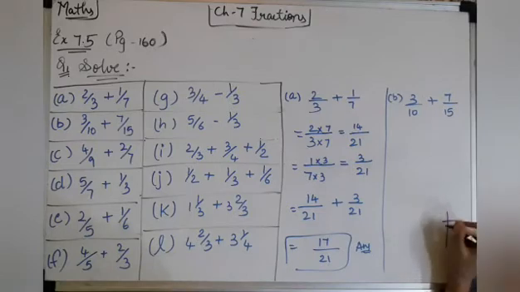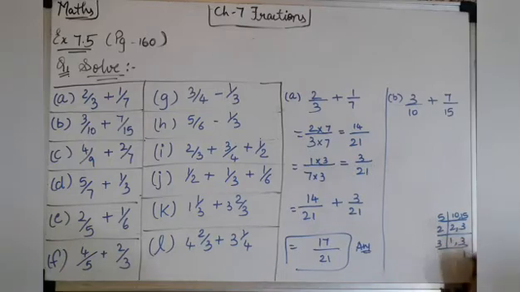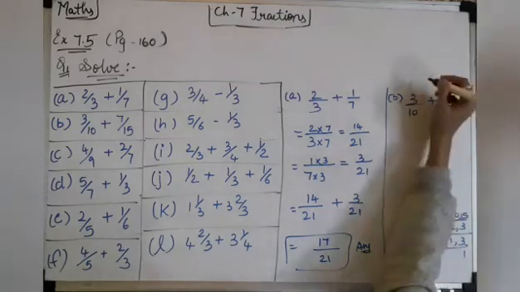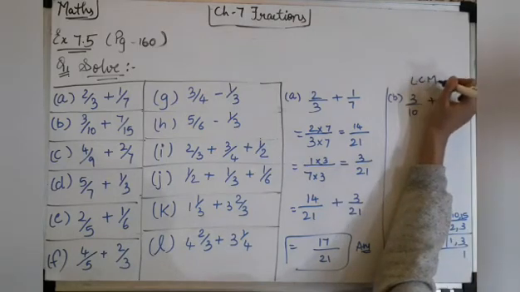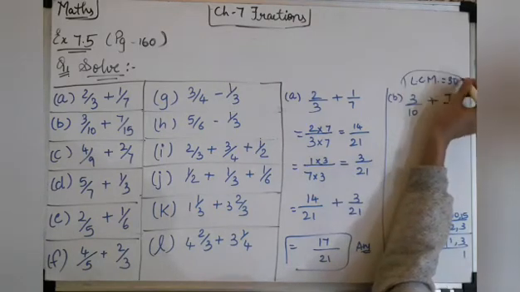We have done so many sums, so do with me so your book will be complete. 10 and 15 both come in the 5 table. 5 twos are 10 and 5 threes are 15, so 5 twos are 10 and 10 threes are 30. So we got the LCM 30.